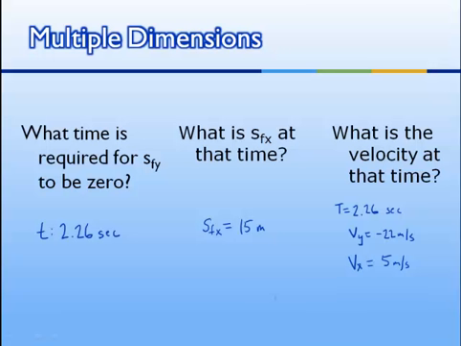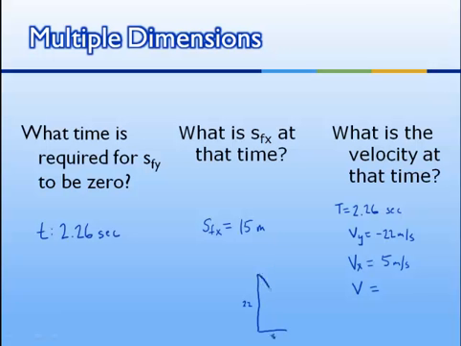The combined velocity is the sum of these two numbers. However, we need to find the sum of these two numbers as vectors. We can't simply add them together because they're in different directions, but we can draw a picture and use some trig to find it. Vertically, they're going down 22 meters per second, and horizontally, they're going across 5 meters per second.